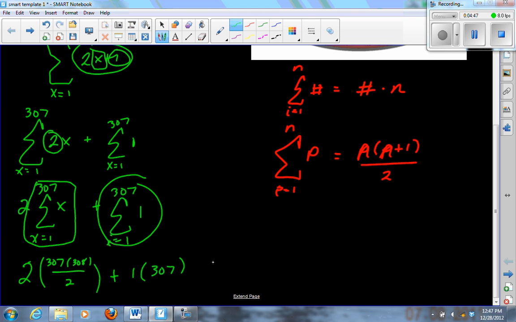And so this summation can be found by using these two formulas, and it is 94,863. And this is all just calculator work. So it's a lot simpler to use these formulas.